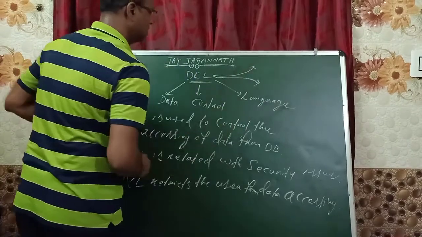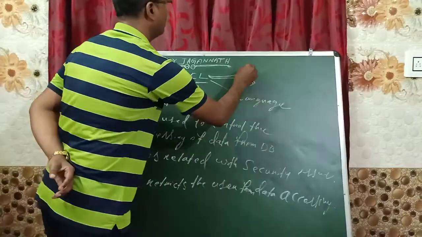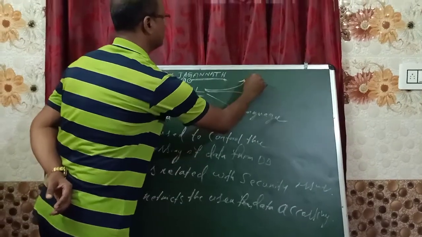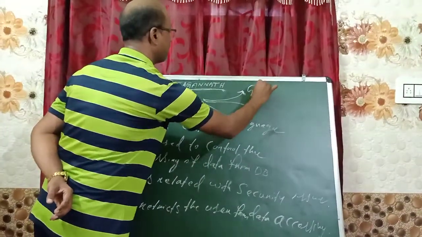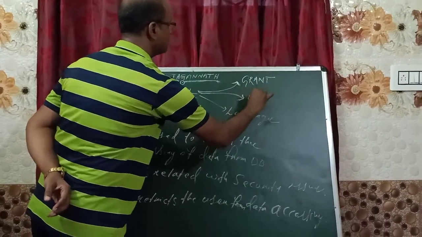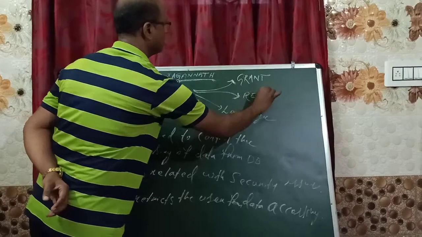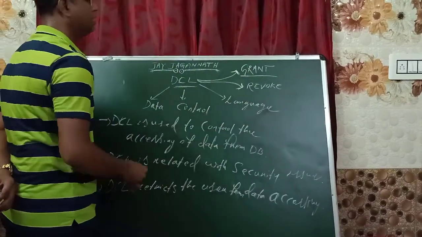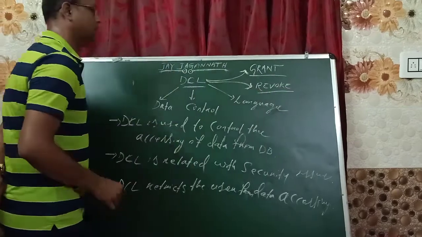To perform the restriction, one is grant. Grant is a command, and another command is revoke. Grant is a DCL command and revoke is a DCL command.